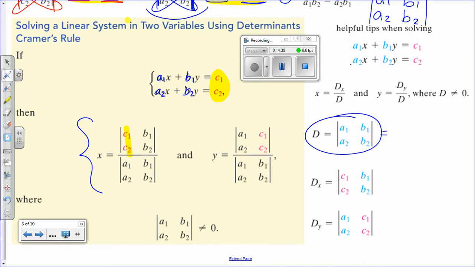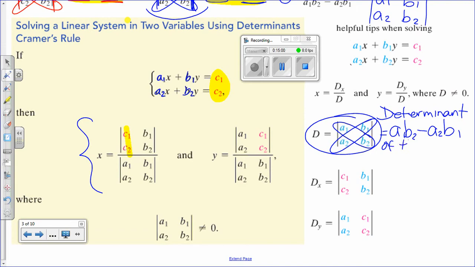And remember, that is the product of a sub 1 times b sub 2 minus a sub 2 times b sub 1. So that is what I'm going to refer to as the determinant of the coefficients.